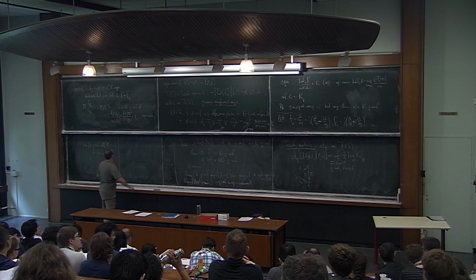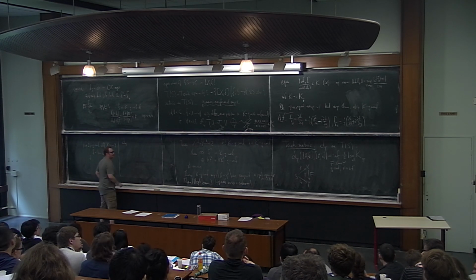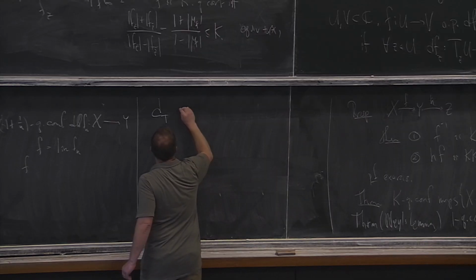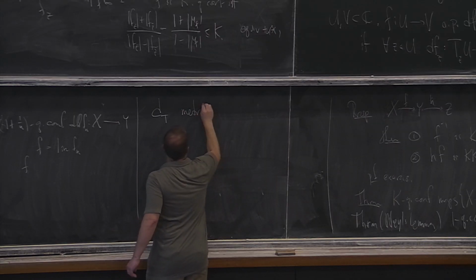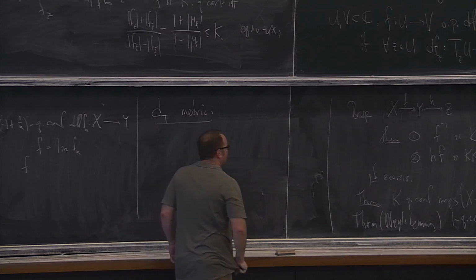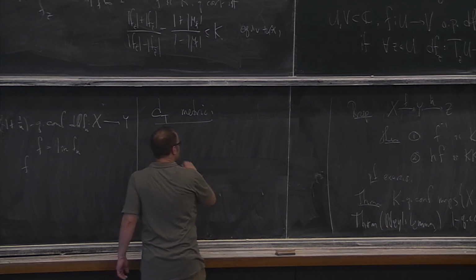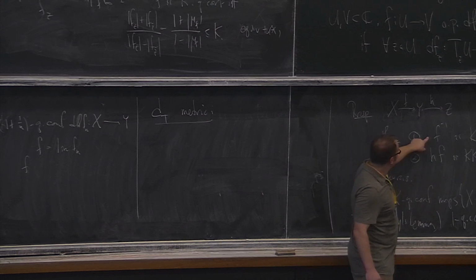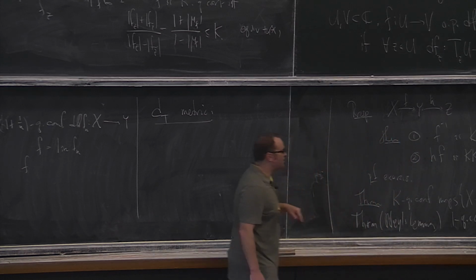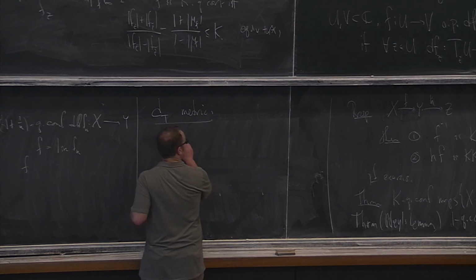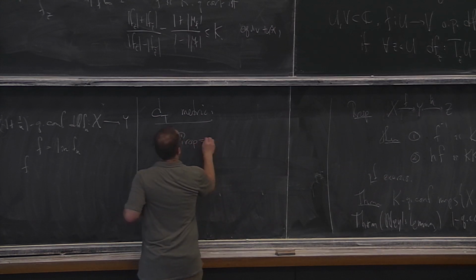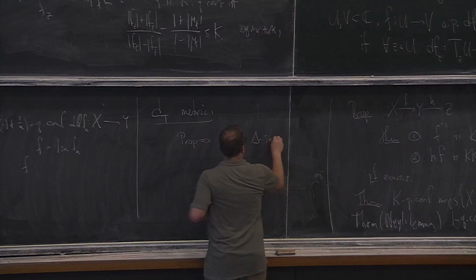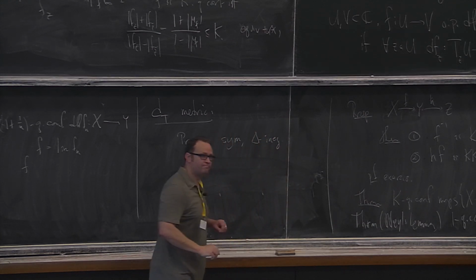Let's say d_T is a metric. So why is it a metric? First of all, this and this tell us that it's symmetric and satisfies the triangle inequality. So the proposition implies that it's symmetric and satisfies the triangle inequality.